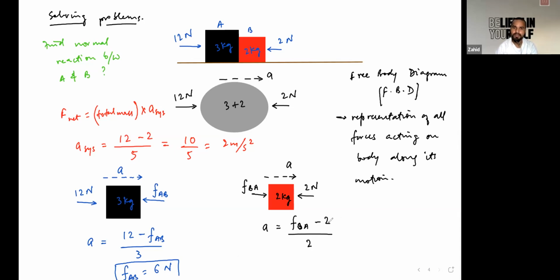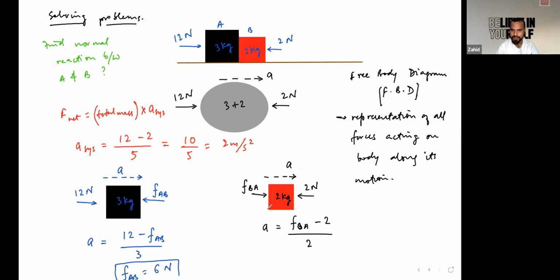You will ask why I have taken FBA first, then 2 as second. As the acceleration is going along the right side, the force along this acceleration would be greater in magnitude. That's why I have taken this particular force to be stronger compared to this one.